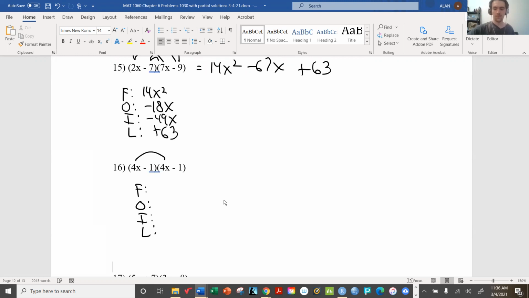So first would be these two terms. Outer, minus 4x. The inner would be these two. The last would be these two. And that's it. It's that simple.